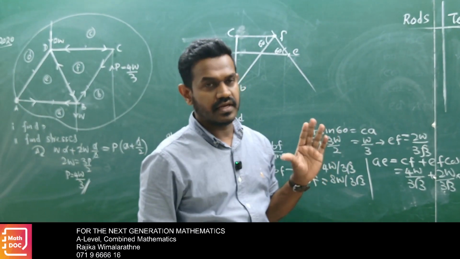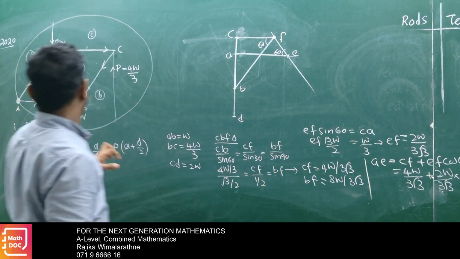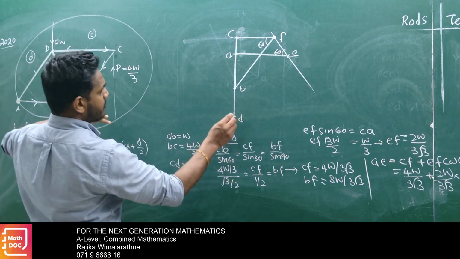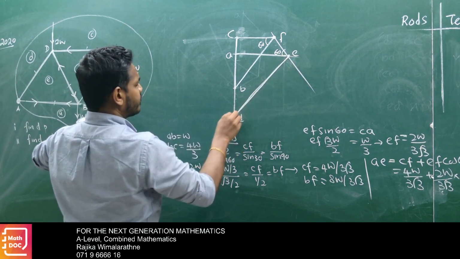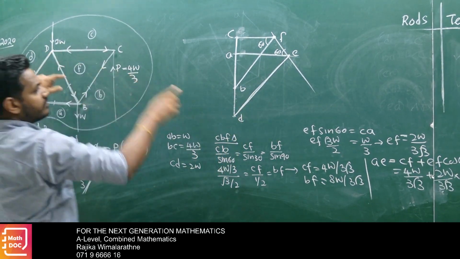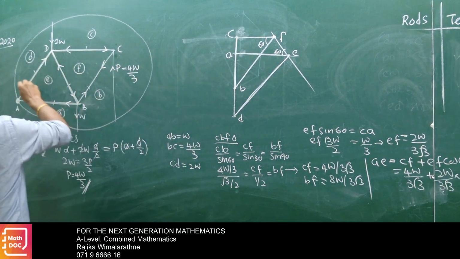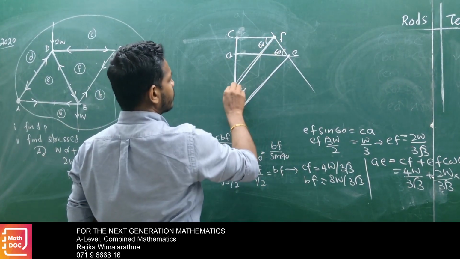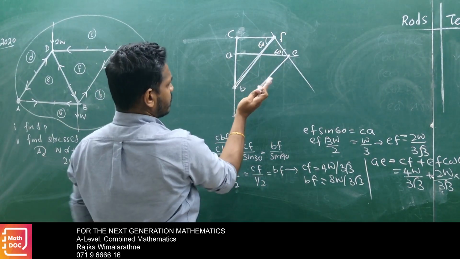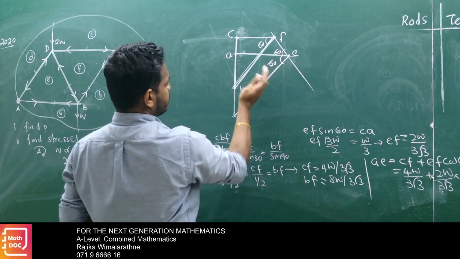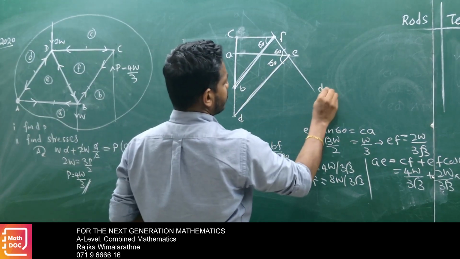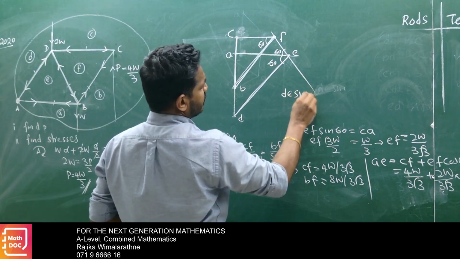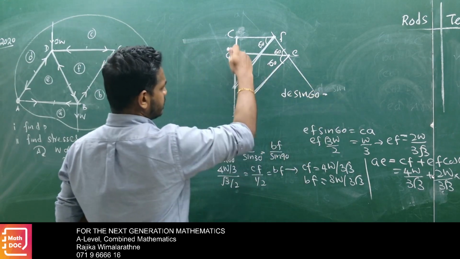Okay, then you go to this vertex, CD, okay, DE. Then DE, here this way. Then DE sin 60 equals AD.